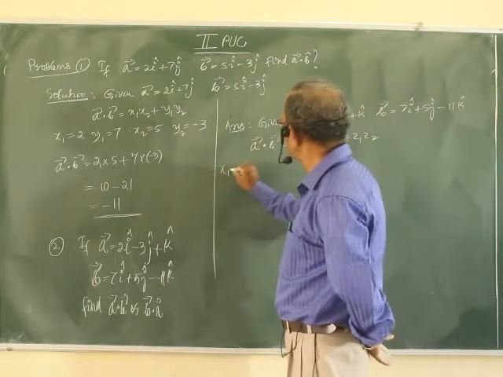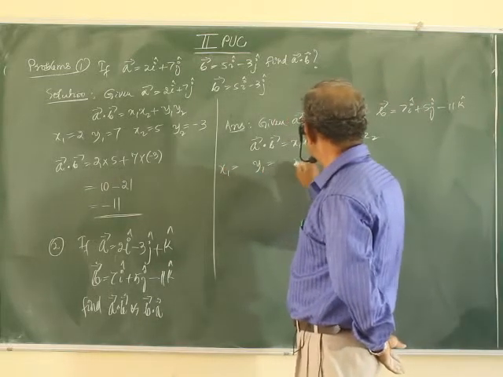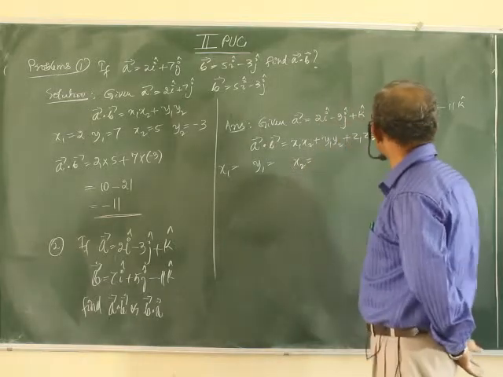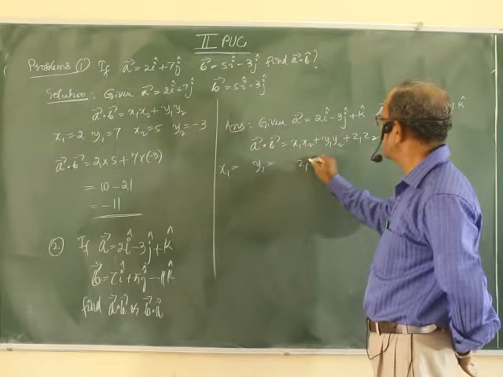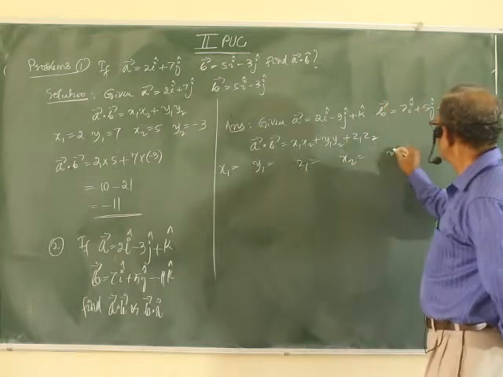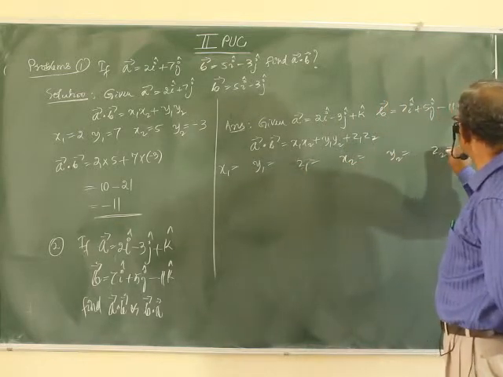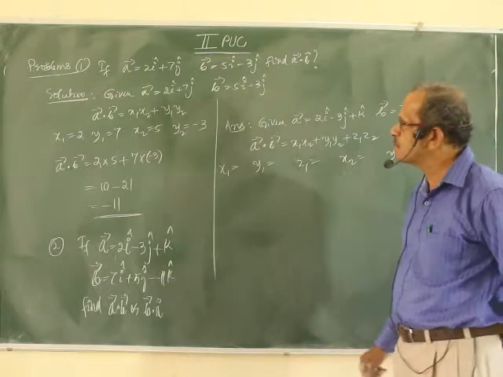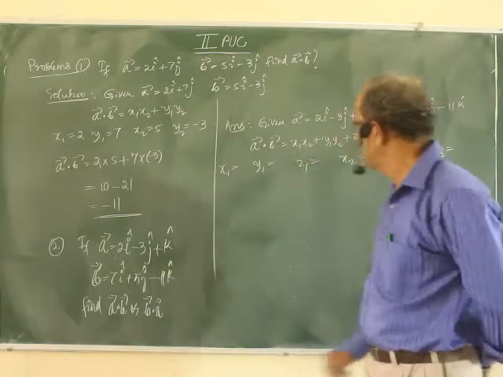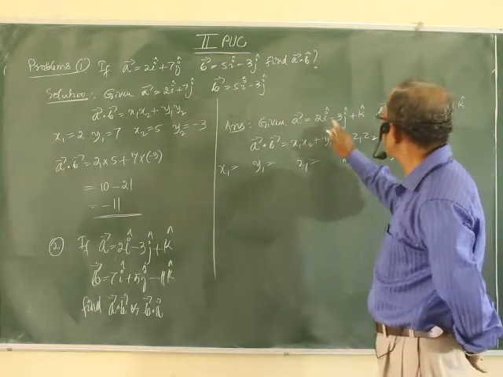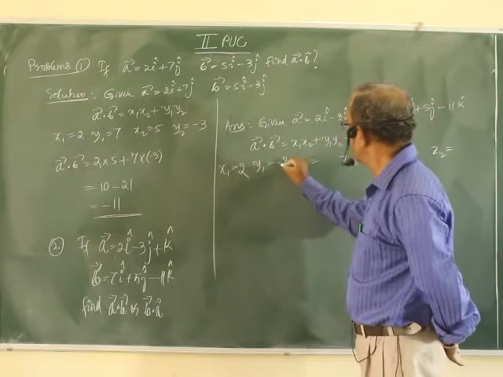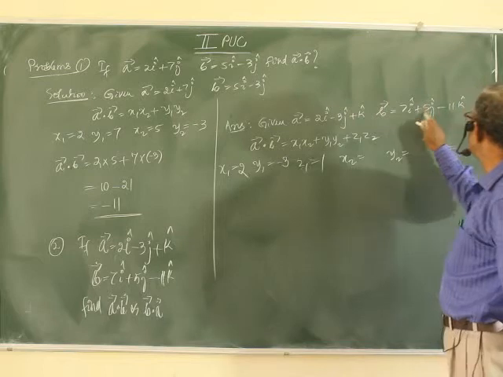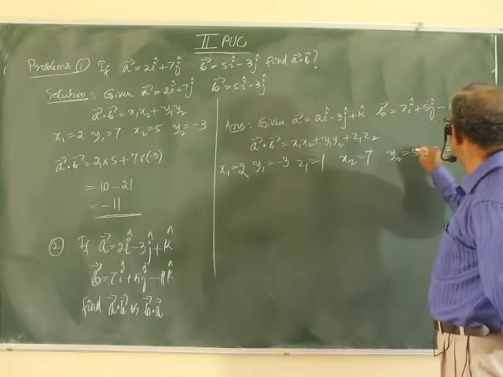List the values. x1, y1, z1, it is z1 also there, no? x2, y2, z2. x1, y1, z1: 2, minus 3, 1. x2, y2, z2: 7, 5, minus 11.